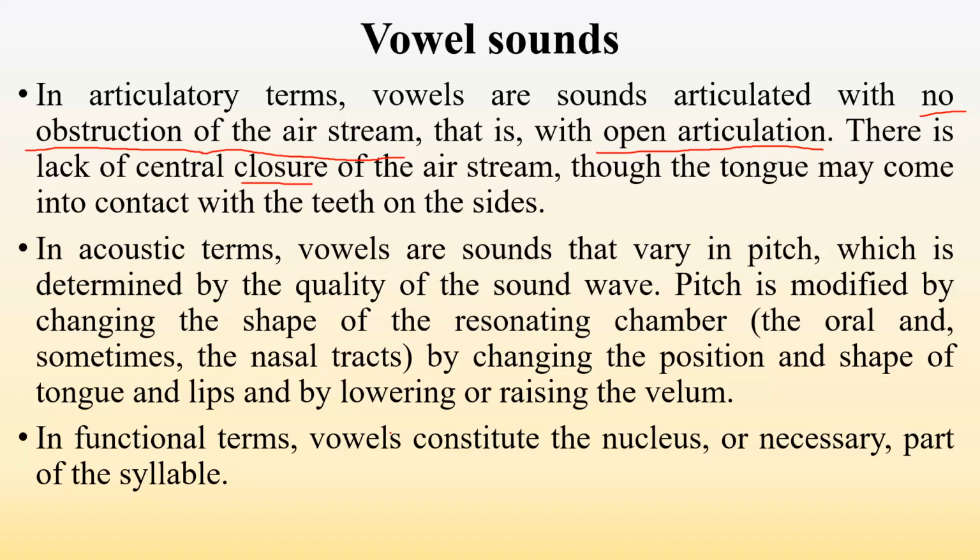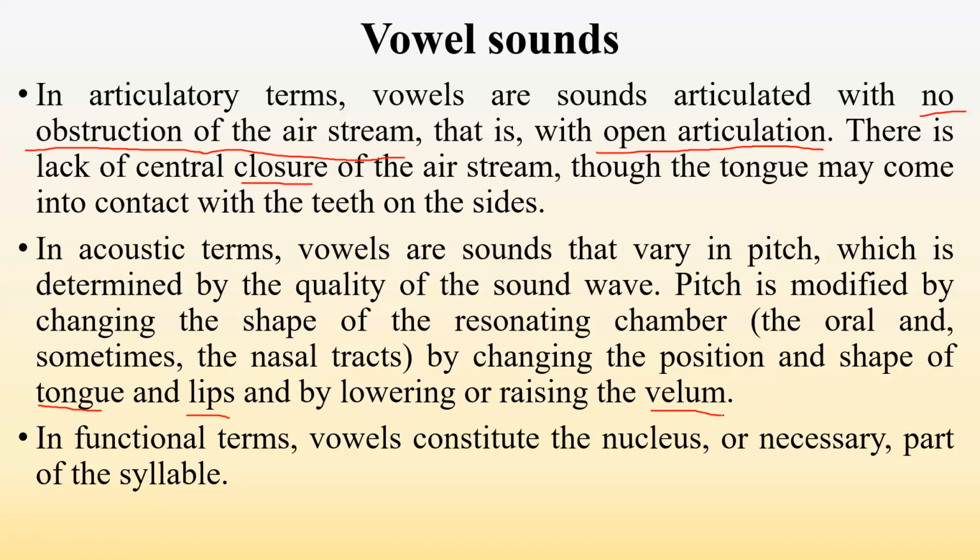And these vibrations or resonances are changed or are decided by the position and shape of the tongue and lips, and also by the position of the velum. Now you know there are 3 articulators: tongue, lips, and velum.